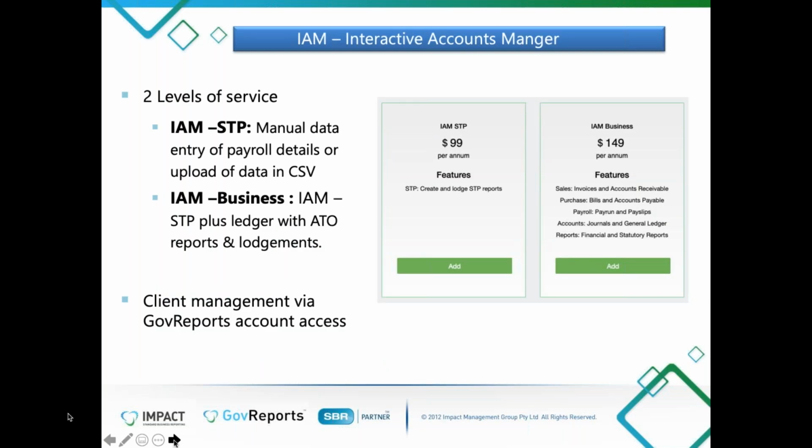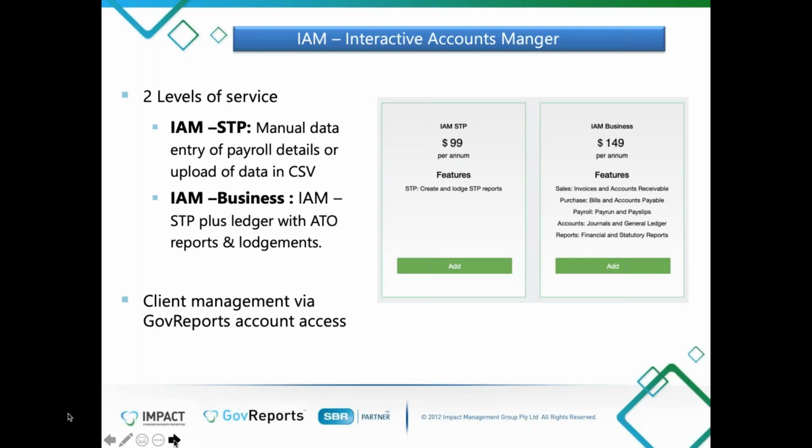They're also very cost effective. The ATO or the government said there had to be a $10 version for people that needed payroll, and GovReports have done a wonderful job of coming way under $10 a month. It's $99 for the standalone payroll, where clients can upload CSV files to bring information into IAM STP if they use some other solution for something else.